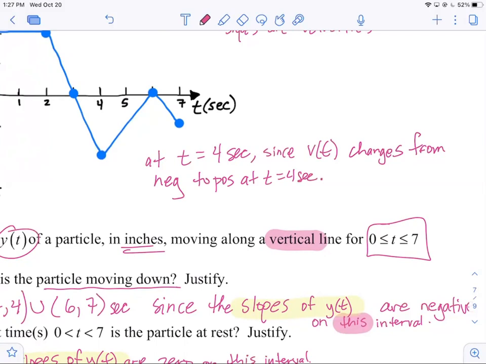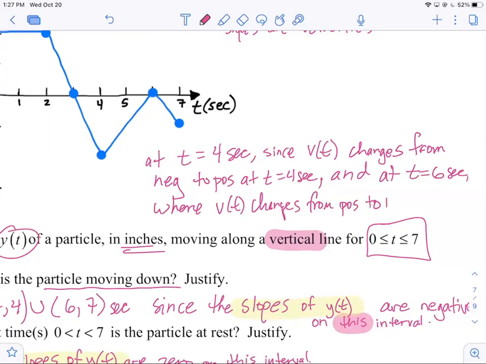You've got to talk about how the slope changes. Okay, and now we can say at t equals 6 seconds, where v of t changes from positive to negative. Now notice that pronoun, where.